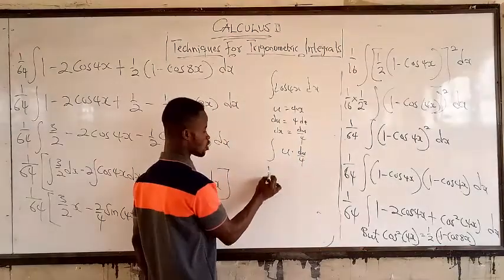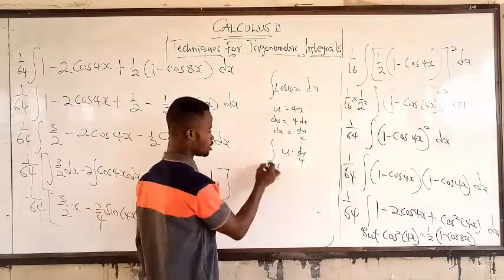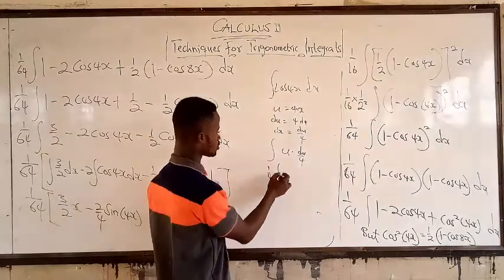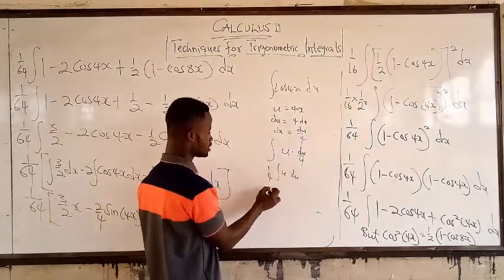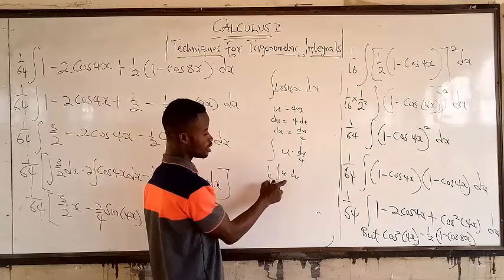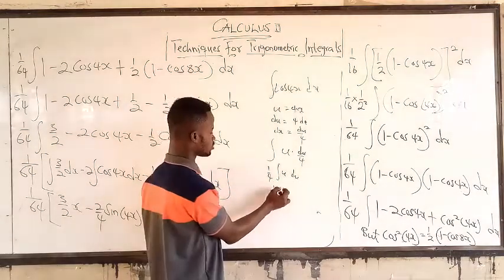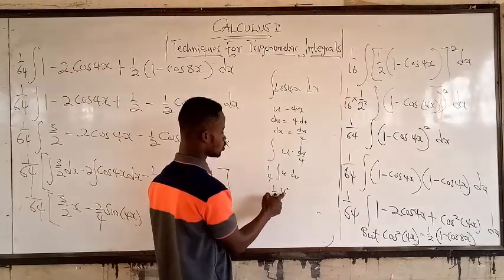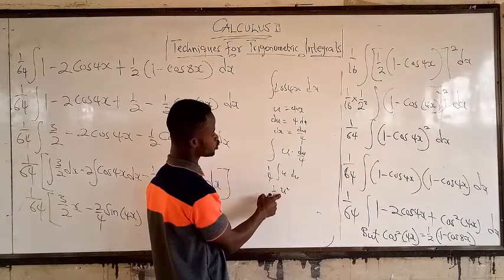The constant is 1 over 4. Hope you can see that. Now, integrate this, 1 over 4, integrate cos u.